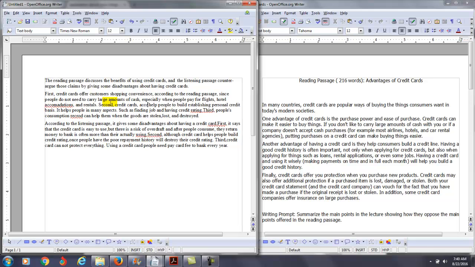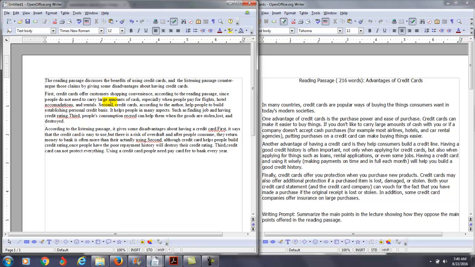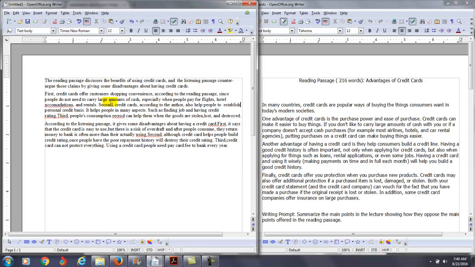Credit cards, according to the author, also help people to establish, instead of build, you can say that, personal credit lines.